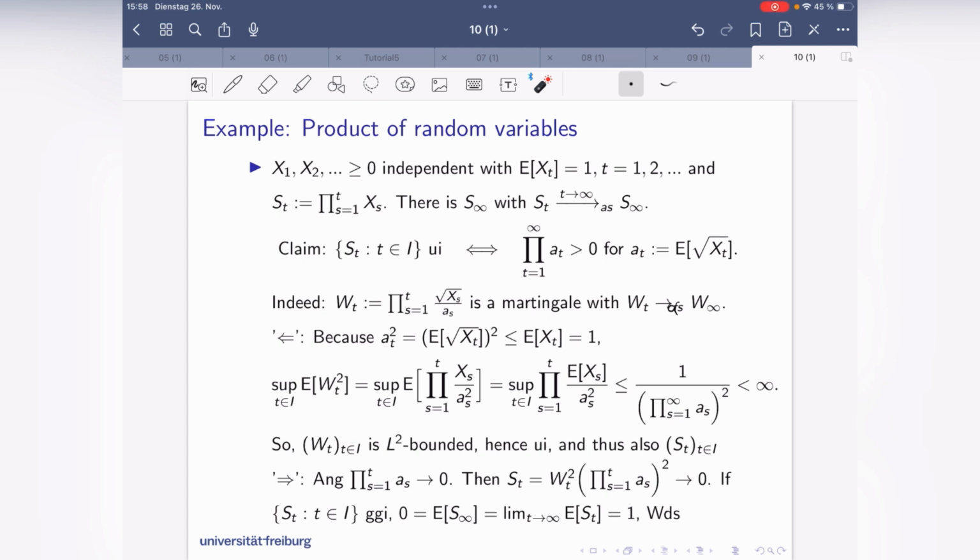So for the other direction, let's assume that that product here goes to 0. And S_t converges almost surely. And the only possibility is that S_t converges to 0 in this case.